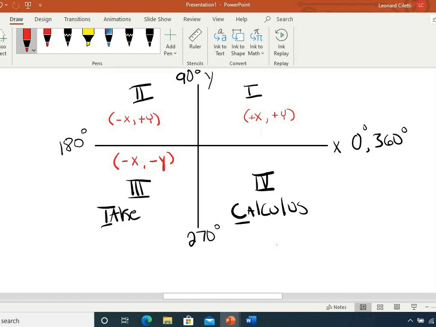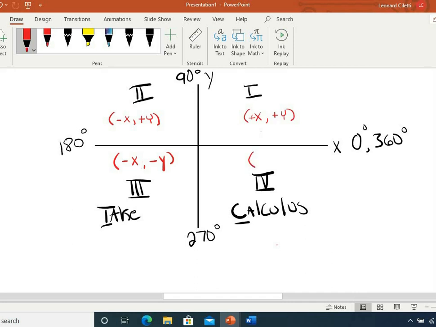If y is negative, that means sine is negative. But remember that tangent is the ratio of y over x, so negative over negative is a positive, so that's why tangent is positive.